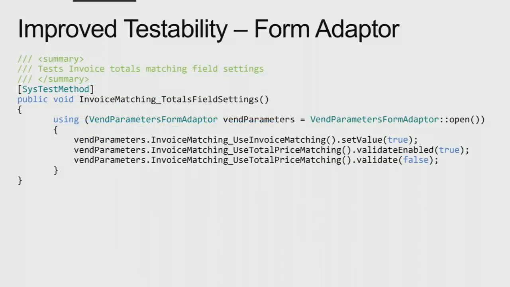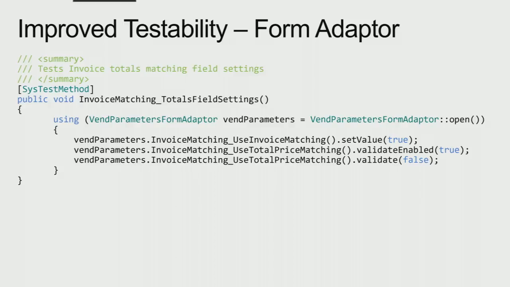But when you take this step, you can write code like this. So this is a sys-test method, and you wrap things into using statements so that things get disposed of properly, the form gets disposed properly, and all this particular test is doing is setting a value on one checkbox, and it's verifying that a couple other checkboxes are enabled properly.